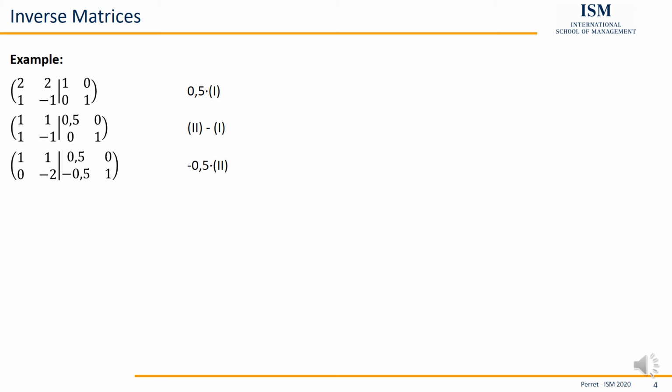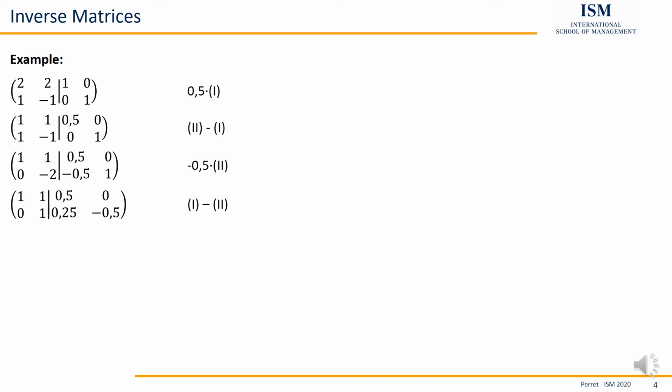This already has upper triangular form on the left side, which is actually the first step of the Gauss algorithm. The only thing left to do for the second step, getting ones on the diagonal, would mean I have to divide the second row by -2, or rather multiply it by -1/2, which would result in this part.